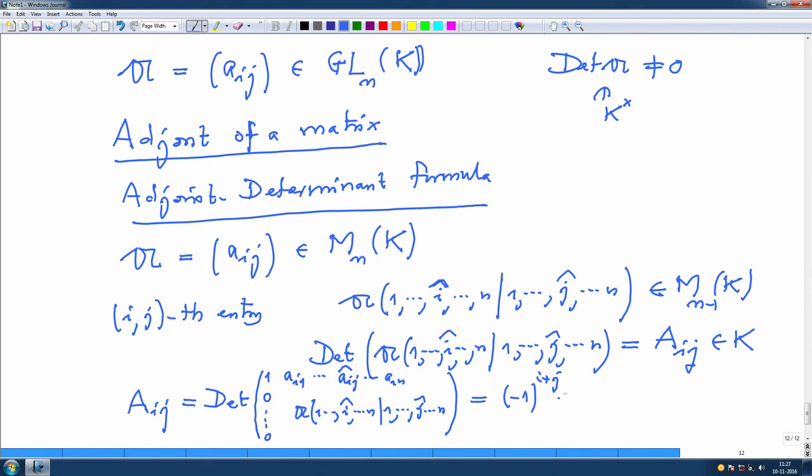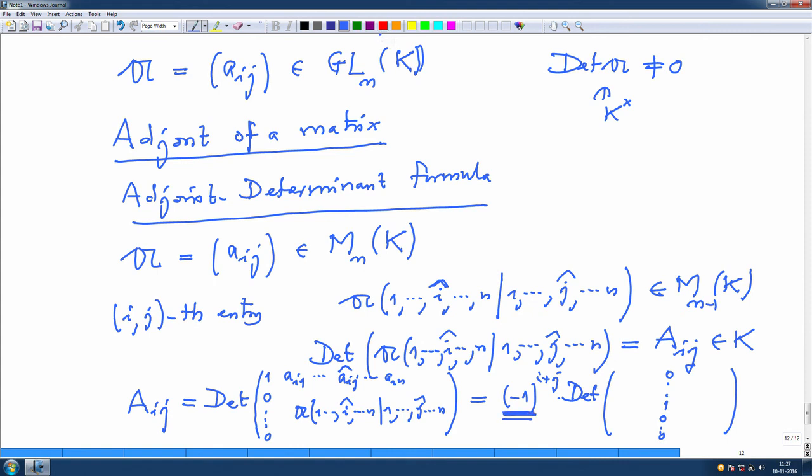So this is precisely the determinant of the matrix whose jth column is 0 0 0 1 0 0, and remaining entries are like matrix A. This is called the ijth cofactor. Remember, note the sign. The sign is very important to note.